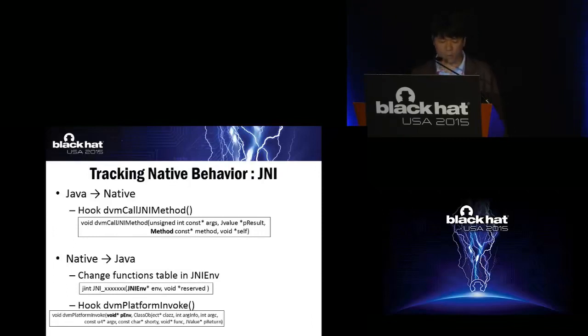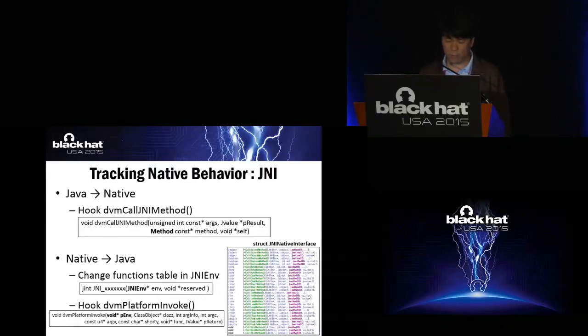And dvmCallJNIMethod is used for calling all native functions, so filtering is needed to trace a specific function. In order to call a Java method in a native function, the JNIEnv structure is required. The JNIEnv structure has a function table to call Java methods. The name is JNINativeInterface structure.